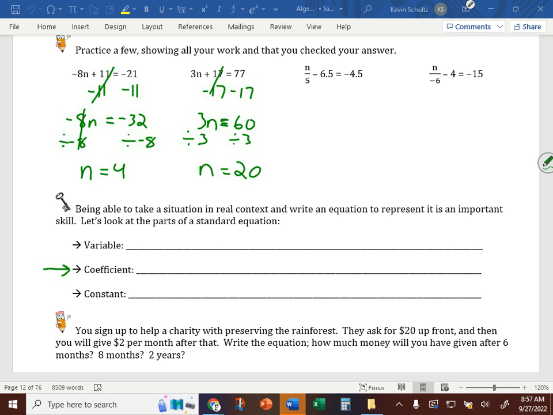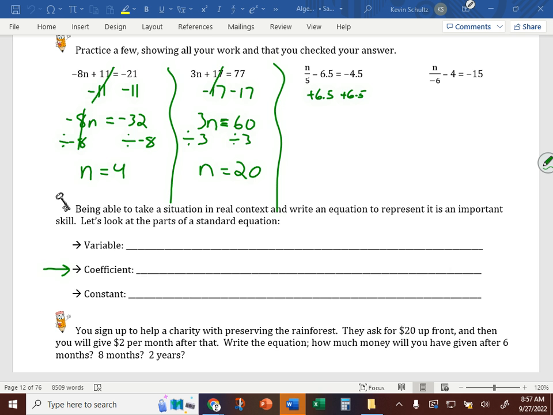The next one says n divided by 5 minus 6.5 equals negative 4.5. What are we doing first? Caitlin, start with that constant. What is n divided by 5 before we subtract 6.5? Undo that step.